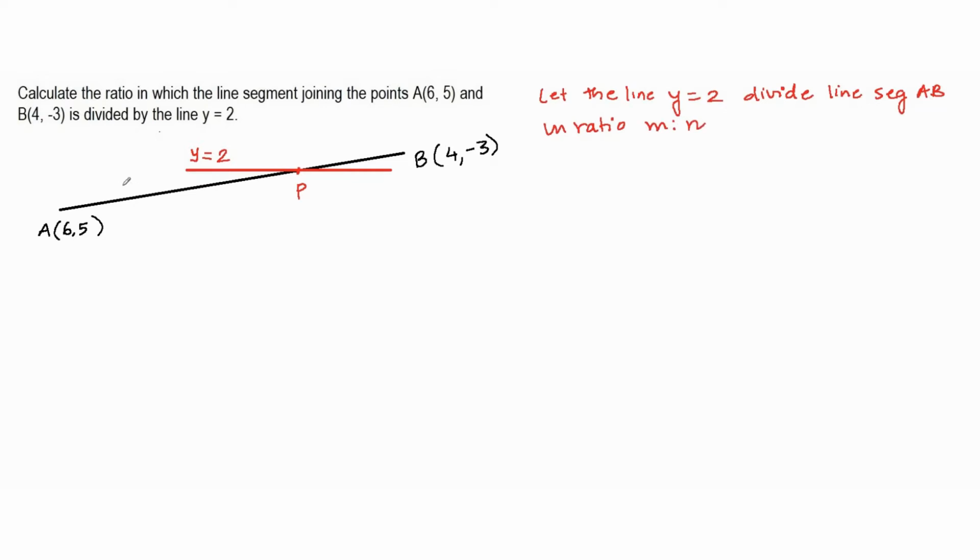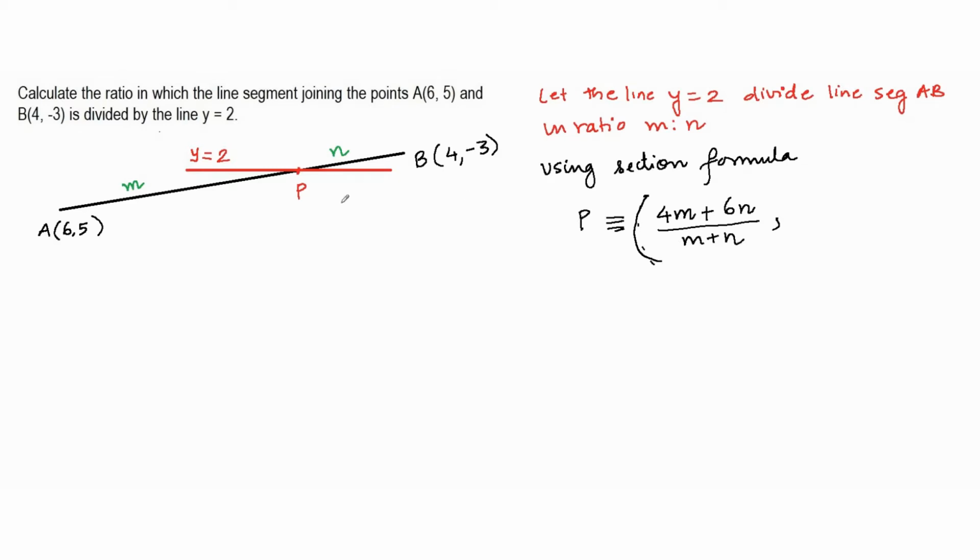That means this is m is to n, and now I can use the section formula. So using the section formula, I can find the coordinates of P. The x coordinate is m into 4 plus n into 6, that is 4m plus 6n, divided by m plus n.